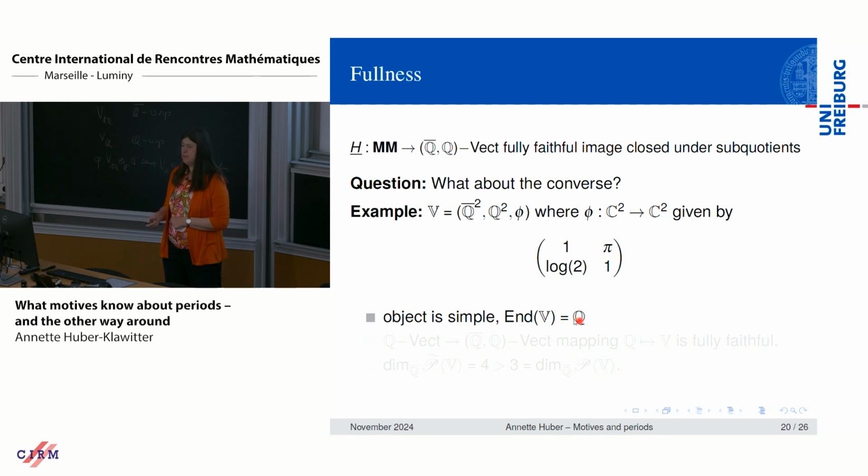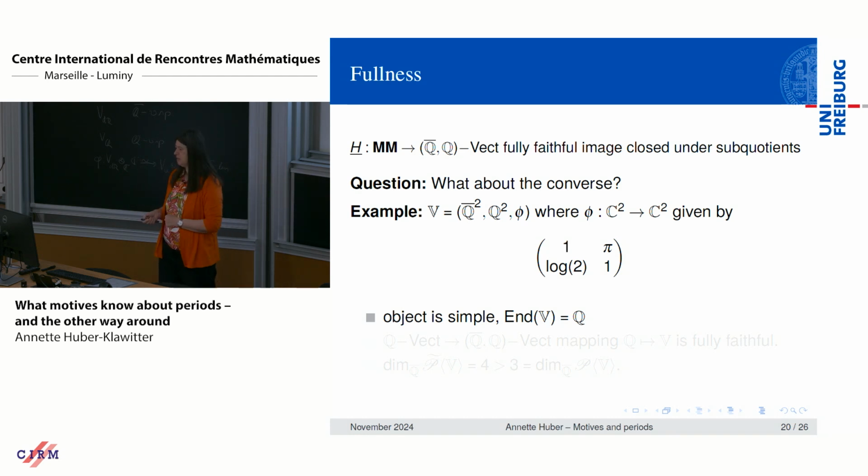Okay, then you compute. This is linear algebra. You compute, this object is simple. It doesn't have any substructures. Substructure would have to be one-dimensional. There's no way to put this matrix into triangular shape, at least not with the base changes that you're allowed to do, which have to respect the Q-bar and the Q structure.